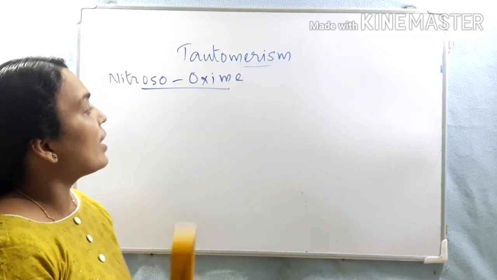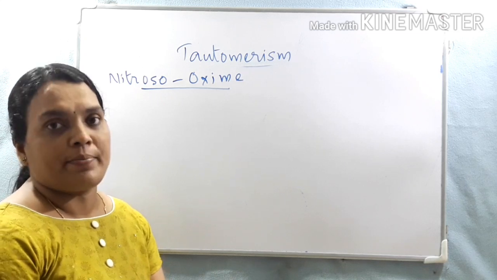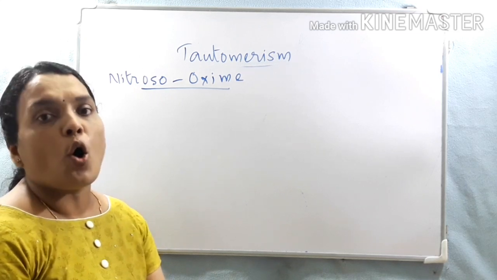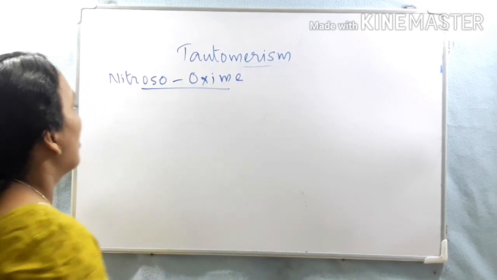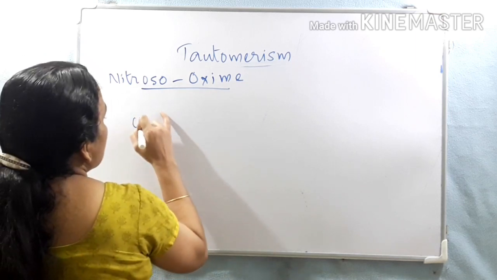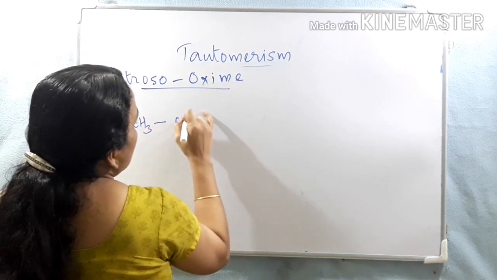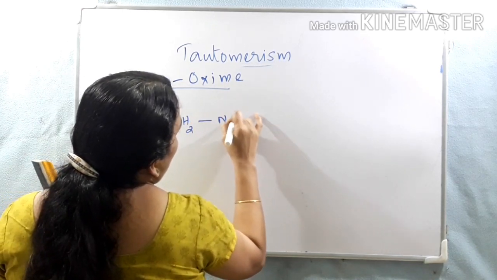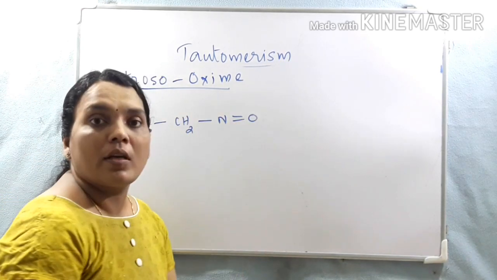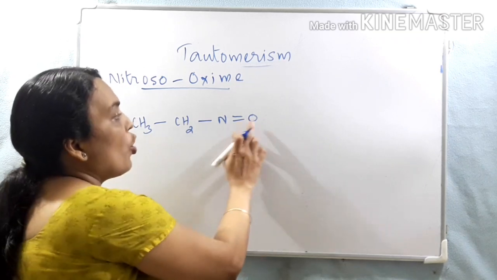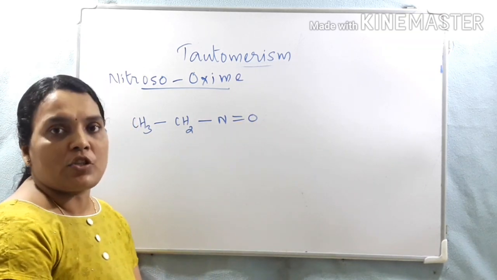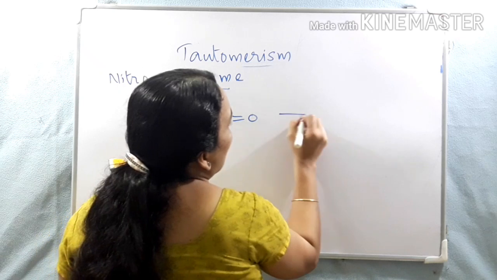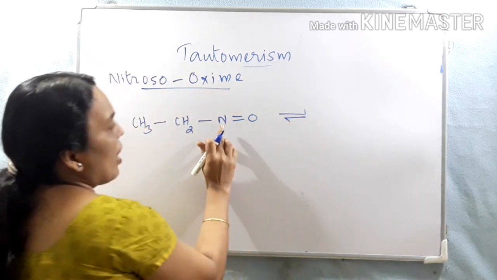Another type, let us discuss nitroso-oxime tautomers. A nitroso compound, that is CH3, then the NO group. That group is called the nitroso group. Here tautomers are due to the migration of alpha hydrogen.